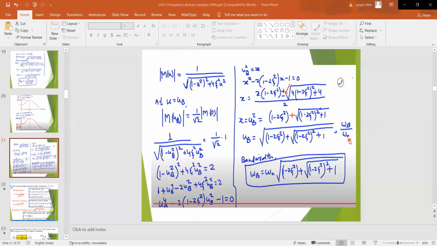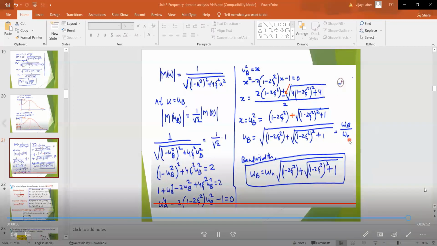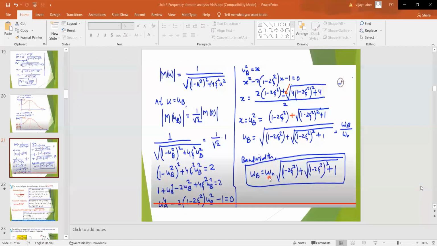So what is bandwidth? Bandwidth omega b is equal to omega n into ub. So omega n into bracket into under root of the same term as it is. So you will get equation for bandwidth omega b.